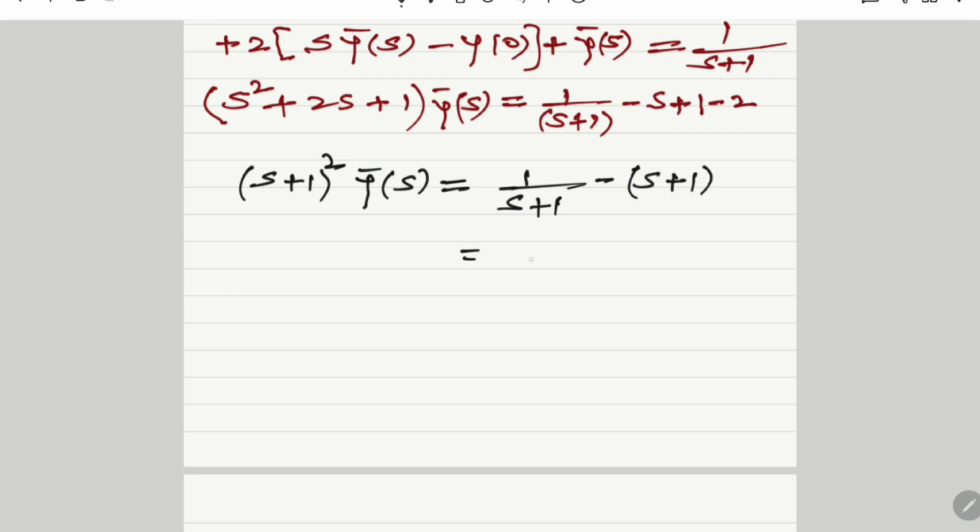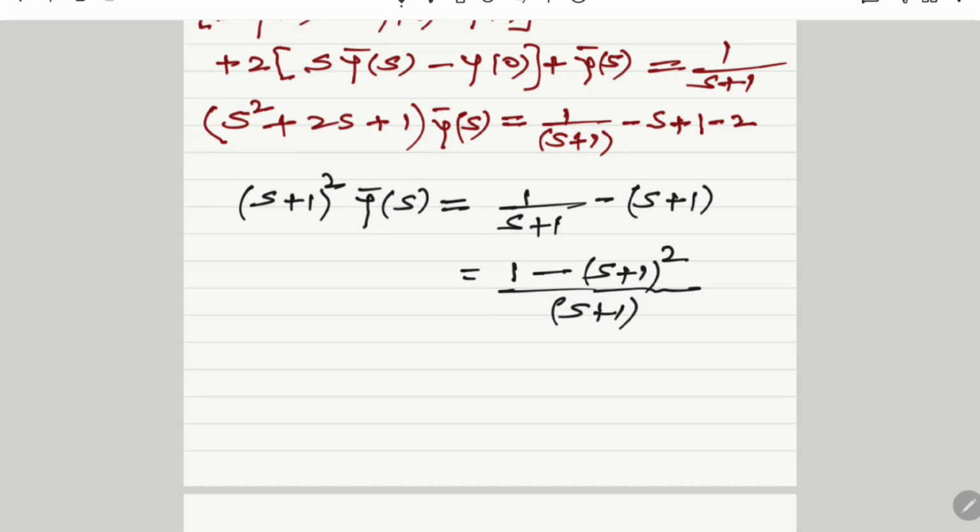Therefore, it is 1 minus, cross multiplying, s plus 1 into s plus 1 as s plus 1 whole square, divided by s plus 1. Dividing by s plus 1 whole square throughout, we get y bar of s is equal to 1 minus s plus 1 whole square, whole divided by s plus 1 into s plus 1 whole square, which becomes s plus 1 whole cube.